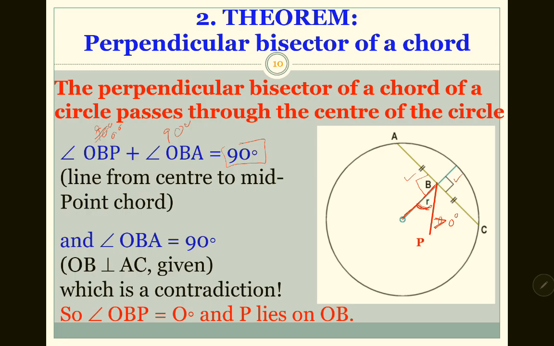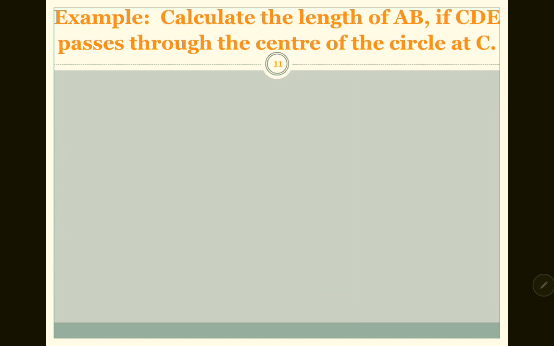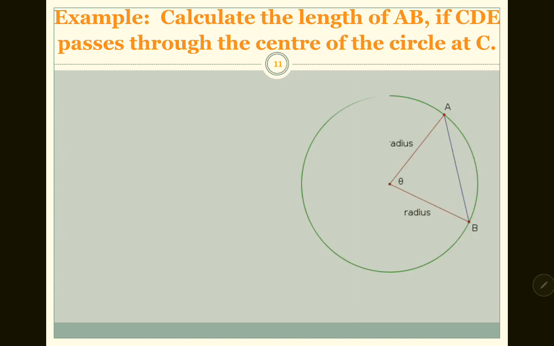But let's prove this using an example. All right. So they say calculate the length of AB if CDE passes through the center of the circle C. Right? So you can see that OA and OB are already there.